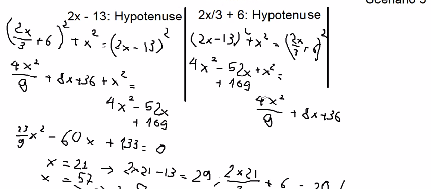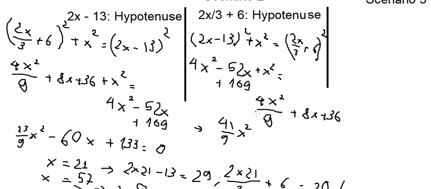We put all the numbers to the left, and we get 4 plus 1 minus 4 over 9. So you get 41 over 9 x squared.